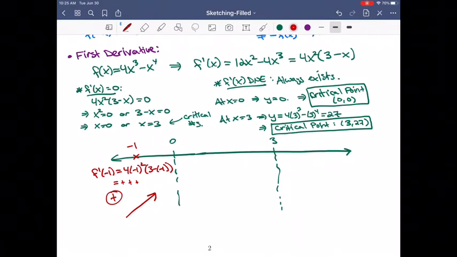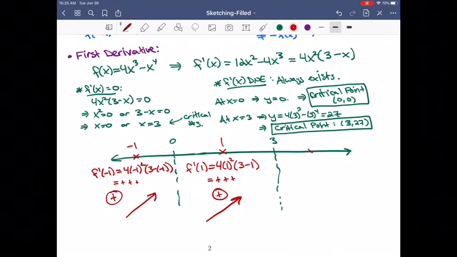Okay, now I want to check something between 0 and 3, so maybe 1. So f prime of 1 is going to be 4 times 1 squared times 3 minus 1. So again, I have a positive times a positive times a positive. So I get a positive. So I'm still increasing.